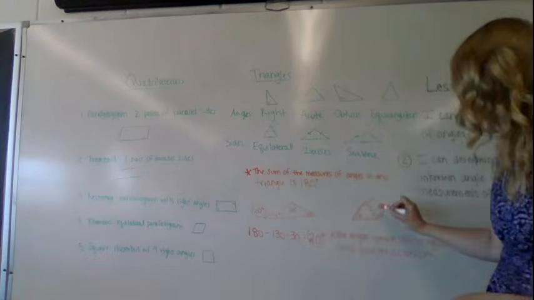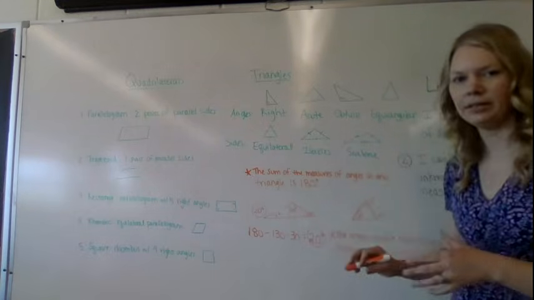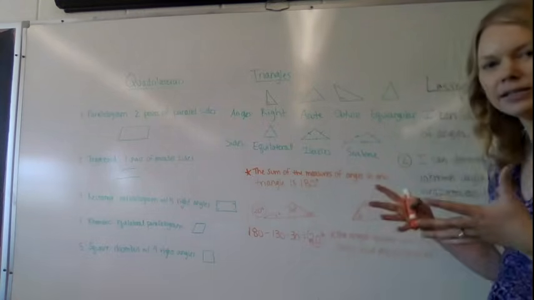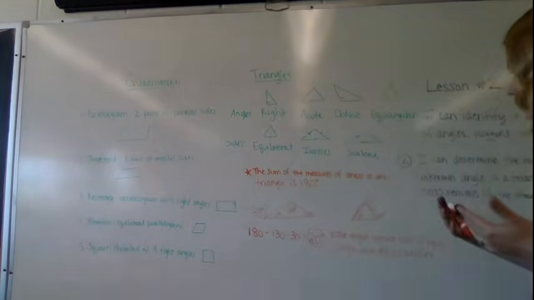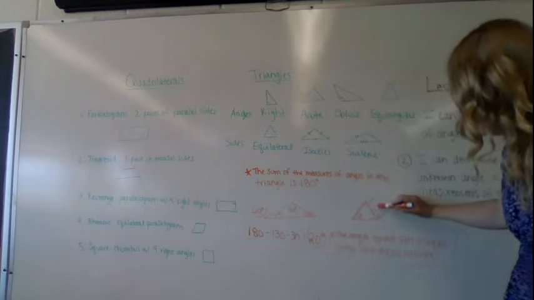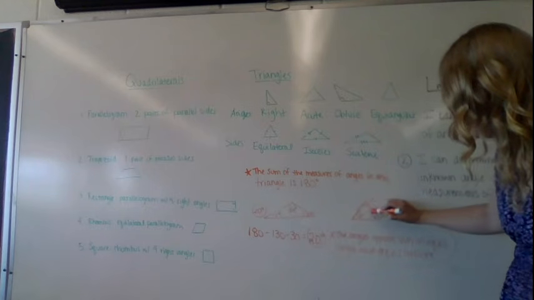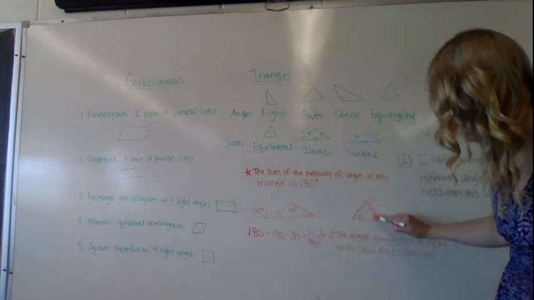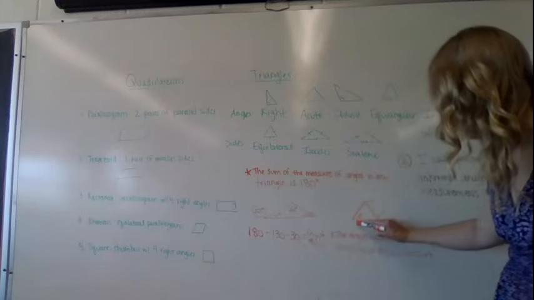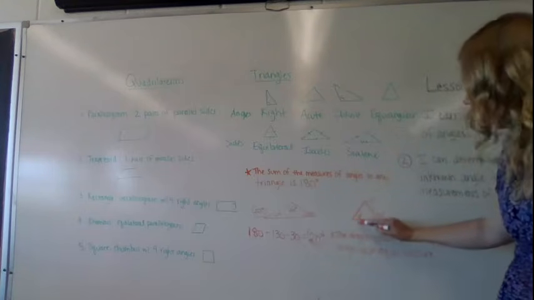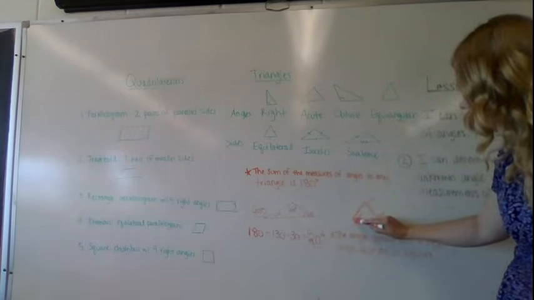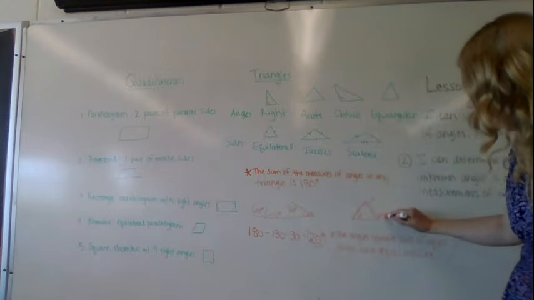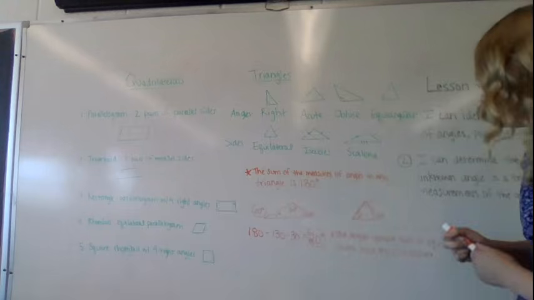And so you can see here these little hashes that says that these sides are congruent, they are equal to one another. And so once we know that information, that these two sides are equal, that means that the angles opposite of those sides are also equal to one another, which means that this angle right here that is called x, we now know is also 50 degrees.